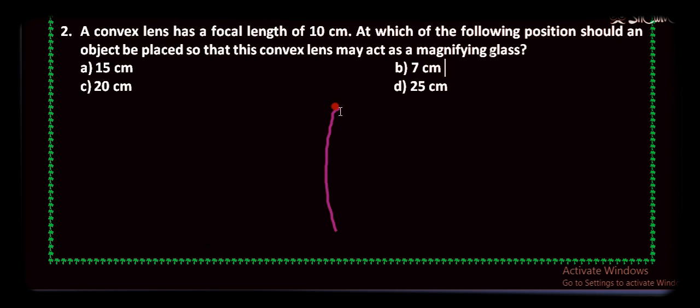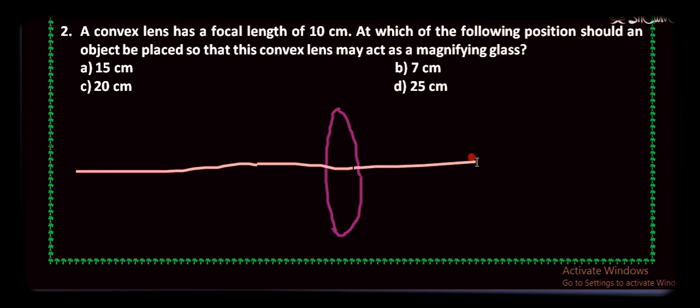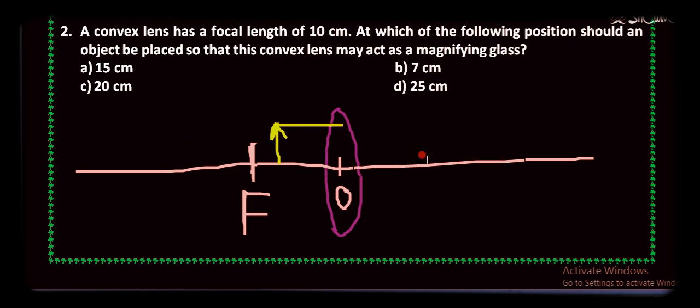So this is a convex lens we have. When the object is placed within focus, let's suppose this is the focus point and this is the optical center, so when the object is placed between the optical center and focus, let's suppose here, one ray will go here and pass through the focus.